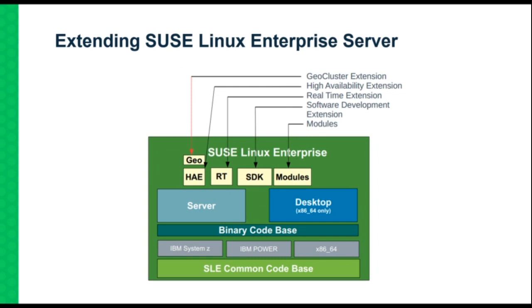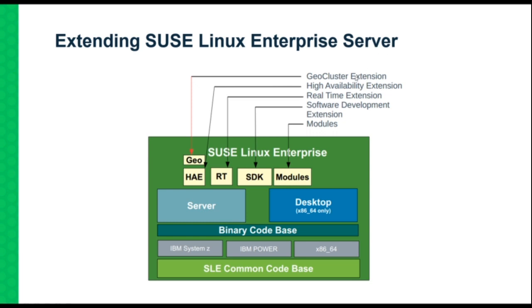Then next up, let's have a look at extending our SUSE Linux Enterprise Server. Some extensions which are available are geo-clustering, if we want to extend our functionality globally and run several instances as a single instance of SLES.